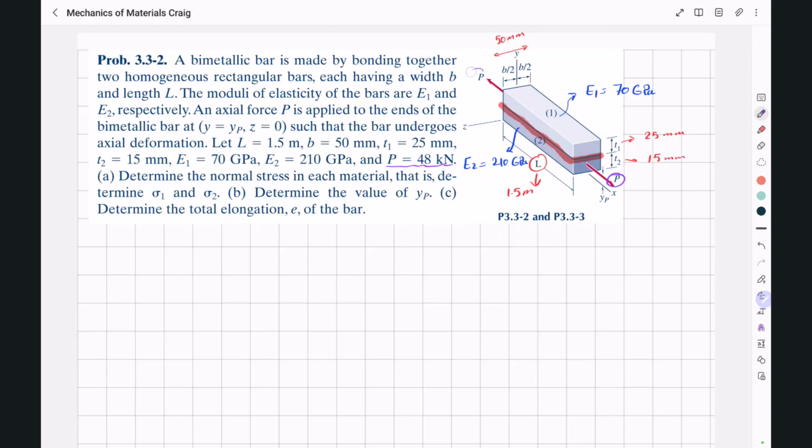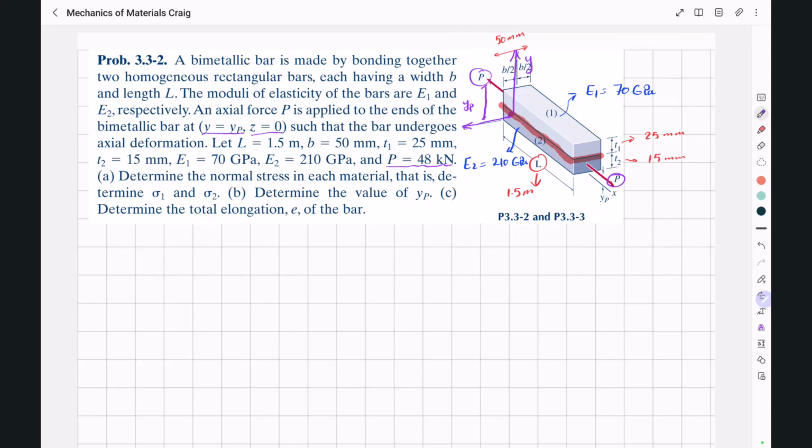So here and here at y equal to yp and z equal to 0. So this is our axis z, and this is z equal to 0, and this distance is yp. This is our axis y.